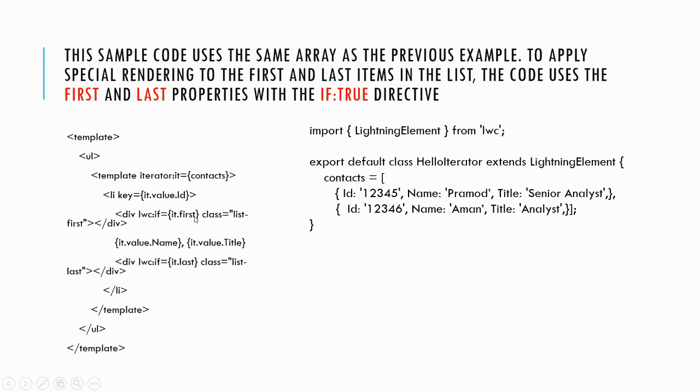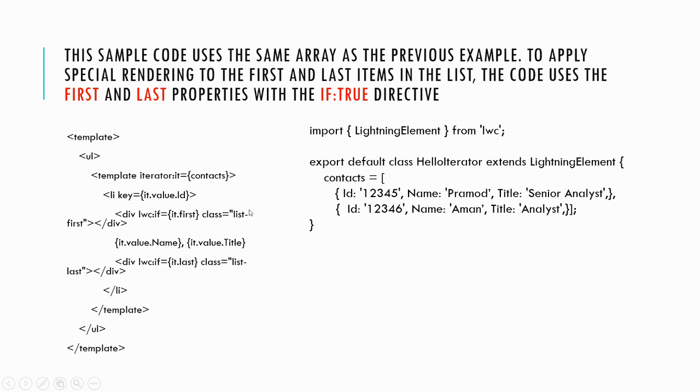Then, with the help of first and last, we are determining whether this is the first element or not, and whether it is the last element or not. If it is first or last, we are just giving a list-of-first and list-of-last CSS class.